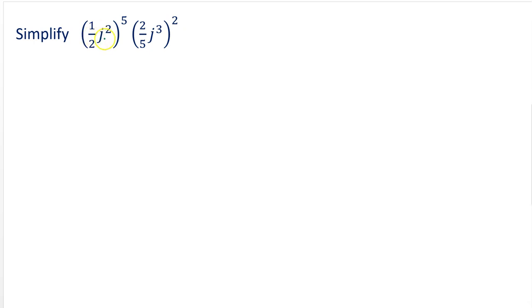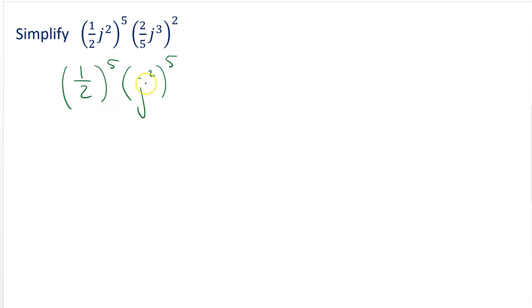Now whenever you have multiplication or division inside an exponent on the outside, that exponent applies to everything inside. So this 1/2 must be raised to the 5th power, and this j squared must also be raised to the 5th power.